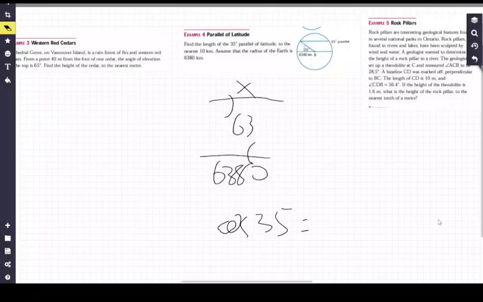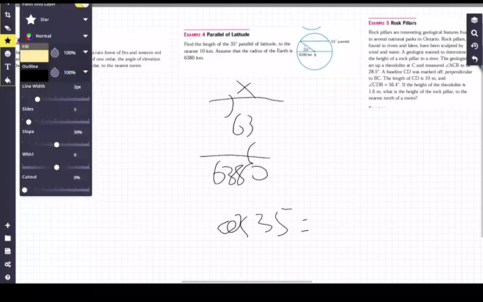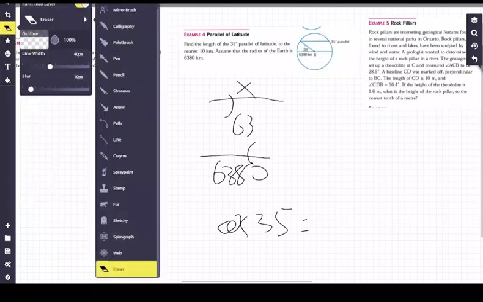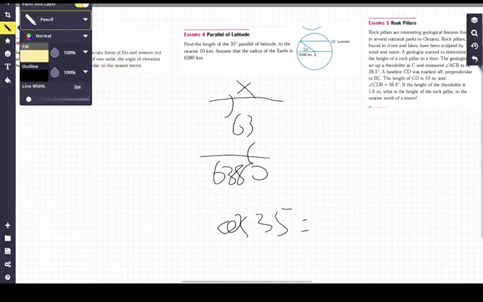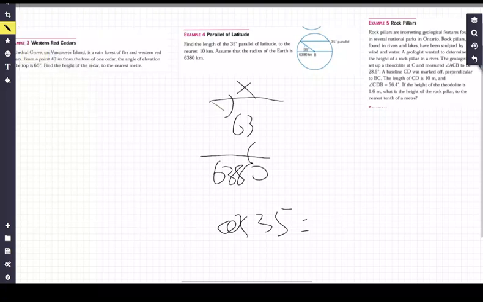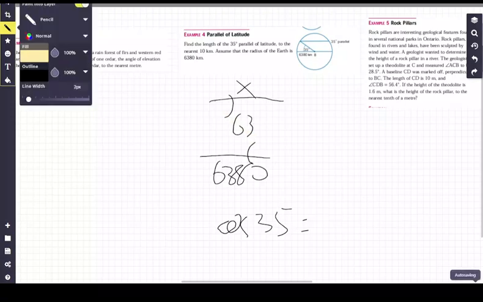All right, so I'm gonna go ahead and talk about question 4. So I already started a little bit, and I want you to understand my steps first. So first we have the radius. That's 6,380, right?